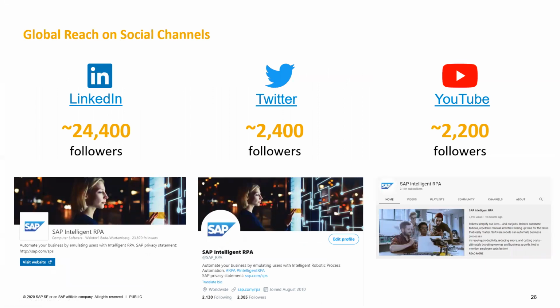So a few words about our communication on social channels. We have a wide reach on LinkedIn with now more than 24,000 followers that are reading our updates, and not only reading, but also commenting, liking, or resharing. So we post a lot of updates, whether that is general news or technical blog posts.